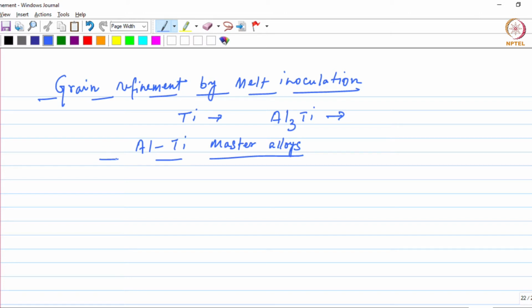So talking about grain refiners, we can have different types. Most commonly used are these. In terms of the elements, if you see, for aluminium, these are the most commonly used grain refiners.